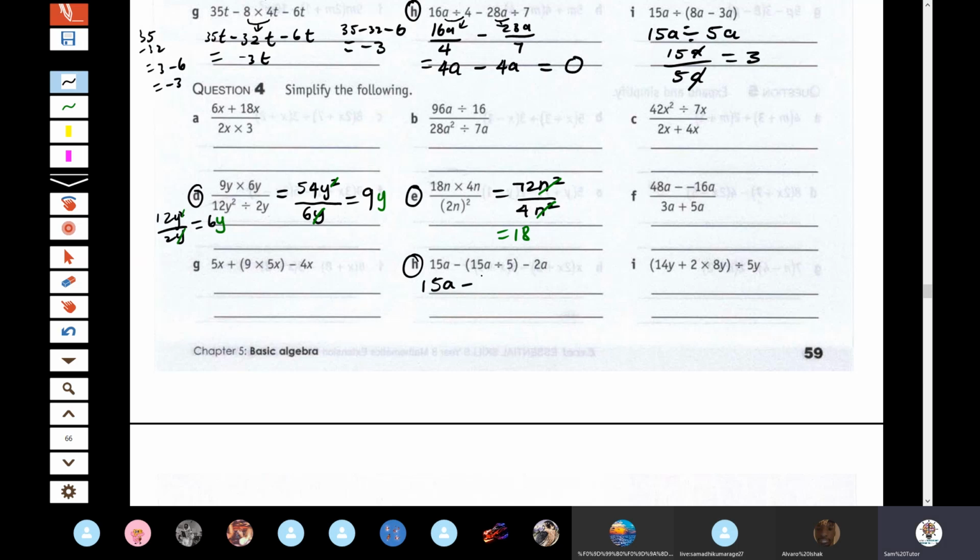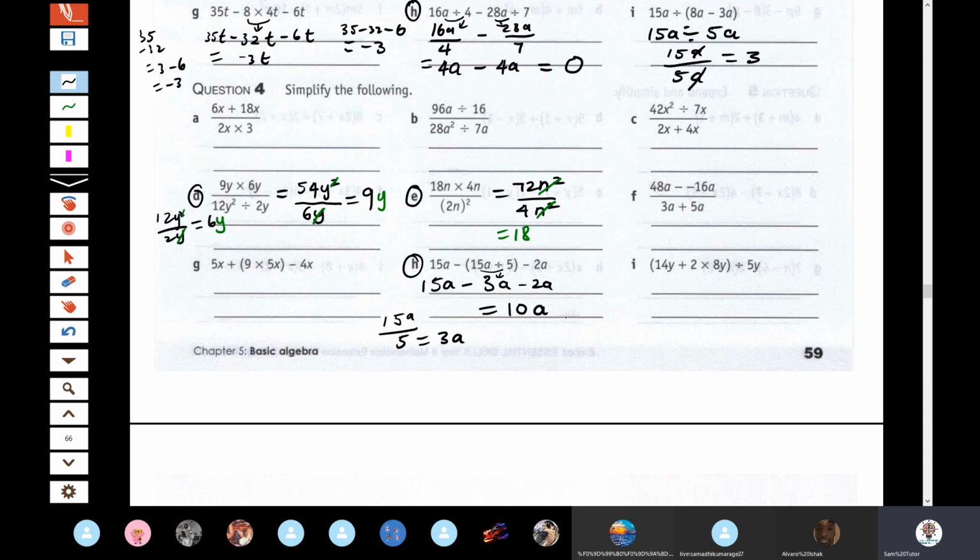Again, if you can't do it that way, just on the side somewhere, write it as a fraction. 15a divided by 5 is 3a. And then 15a minus 3a minus 2a. Very easy. 15 take away 3 is 12. 12 take away 2 is 10a.